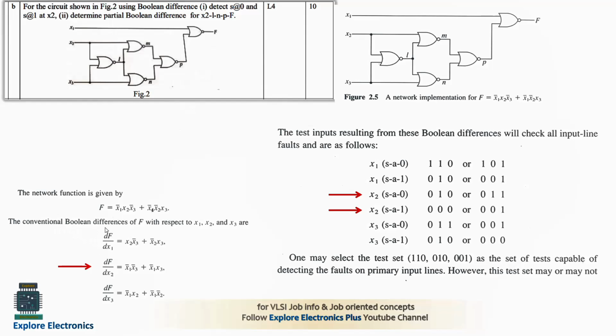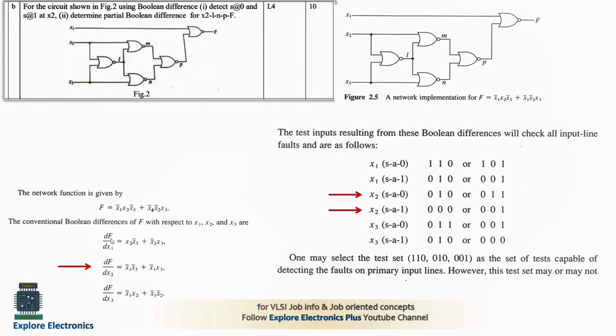We need to find the Boolean difference of F with respect to x1, meaning we differentiate dF by dx1, where F is the output. We are differentiating with respect to the node we are treating, that is x1. In this expression, we have x1 bar in this part and also here. So dF by dx1 becomes x2 into x3 bar plus x2 bar into x3.